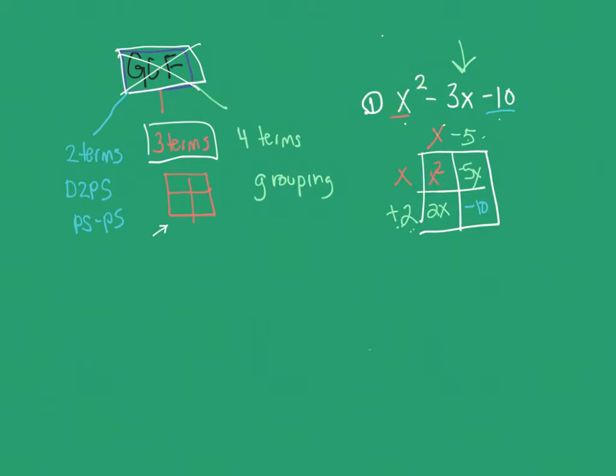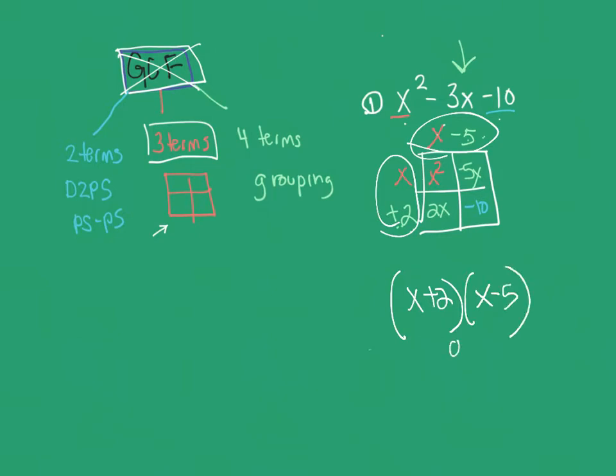Yes, that's correct. If I add these two together, negative 5x and positive 2x, that's going to give me a negative 3x. That's correct. And there's my negative 10. So that tells me that I have now found the two factors, and those factors are x plus 2 and x minus 5.